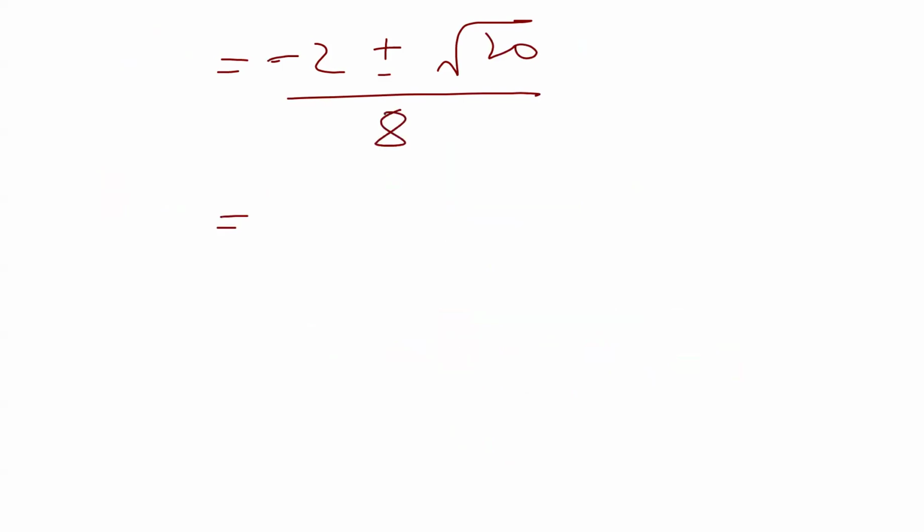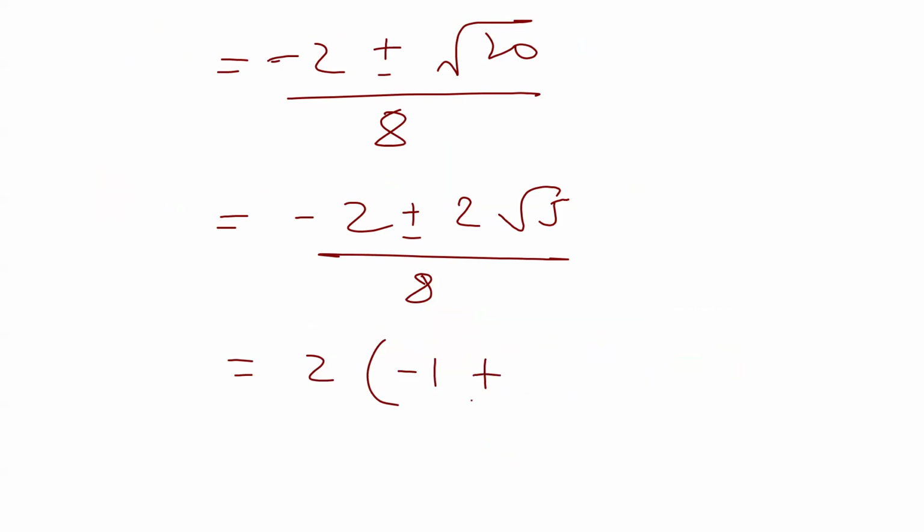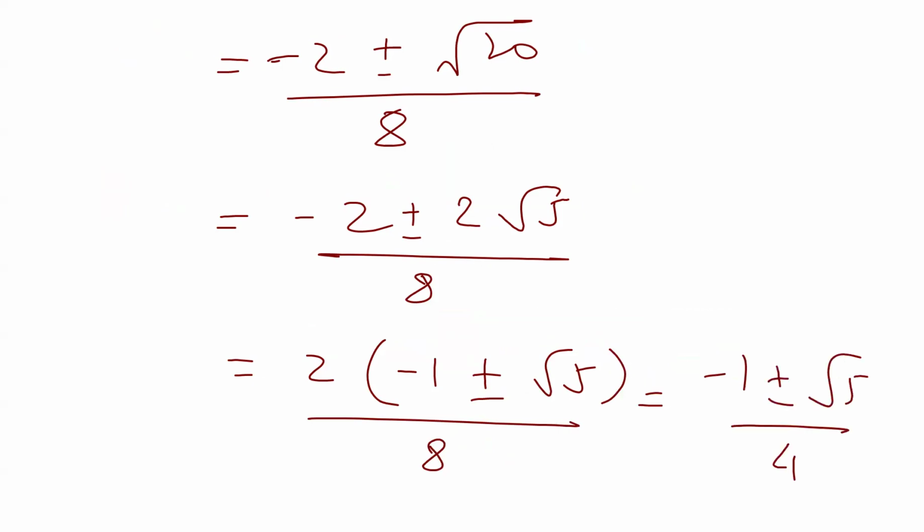So minus 2 plus or minus root 20 upon 2 4s are 8. So minus 2 plus or minus 2 root 5 upon 8. Take 2 common. So this is going to be minus 1 plus or minus root 5 upon 4.